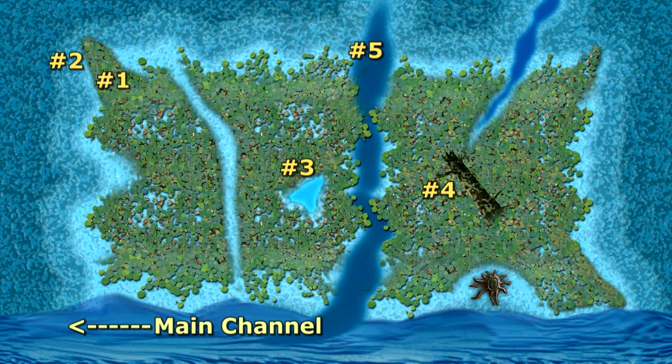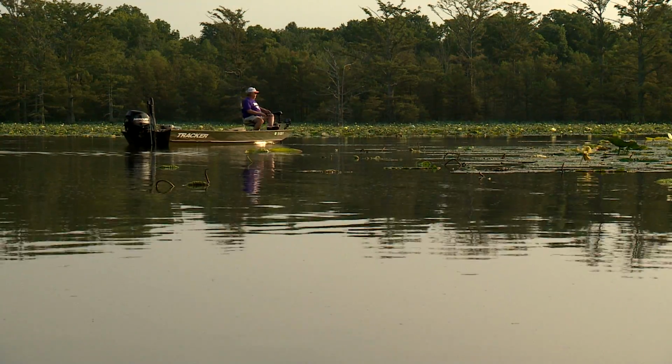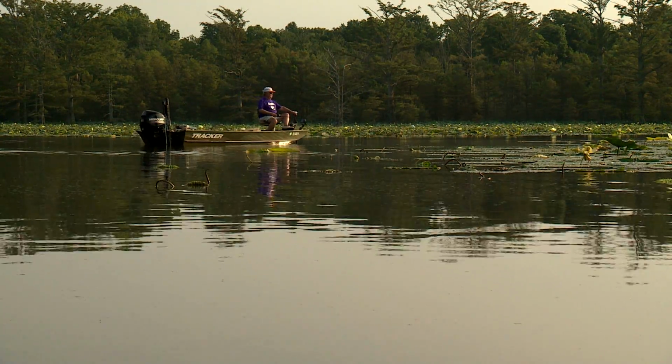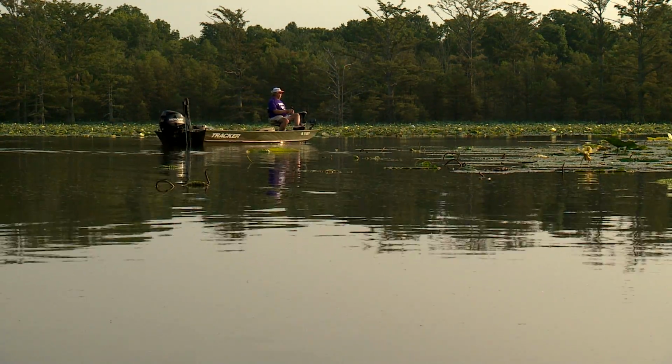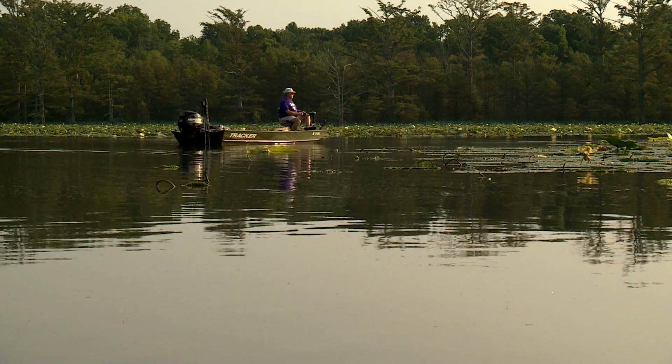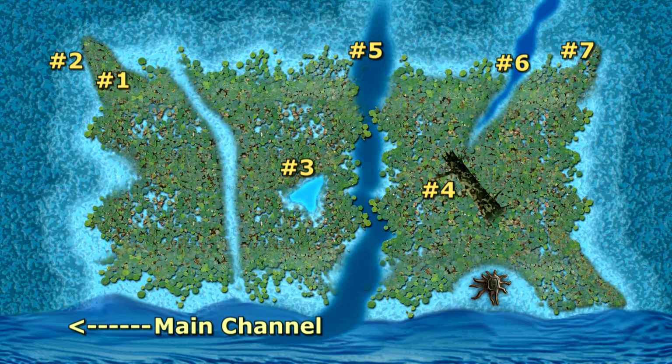This is another prime area. Fish both sides, and if you can get your boat up into it, follow it and work the edges on down the current side. At position 7, it's another backside point, similar to position 2. But this one should be better because it's closer to the feeder creek.